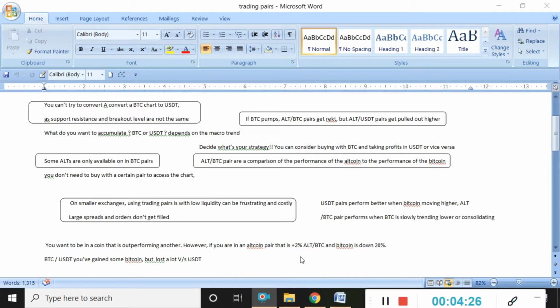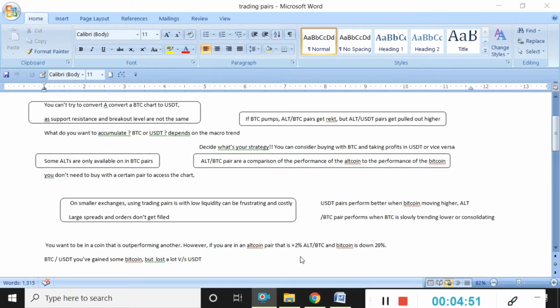As far as the best trading pair on smaller exchanges, if you're using trading pairs with low liquidity, like the TRX XRP pair on some smaller exchanges, what's going to happen? On smaller exchanges you're going to have larger spreads. You can even look at the charts of these coins and see they are low volume trading pairs, so there's going to be a huge spread.